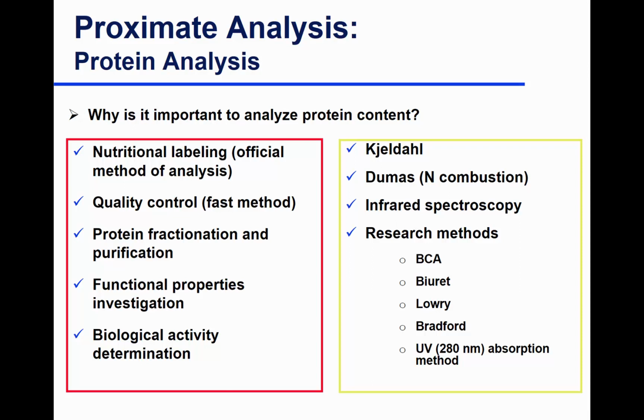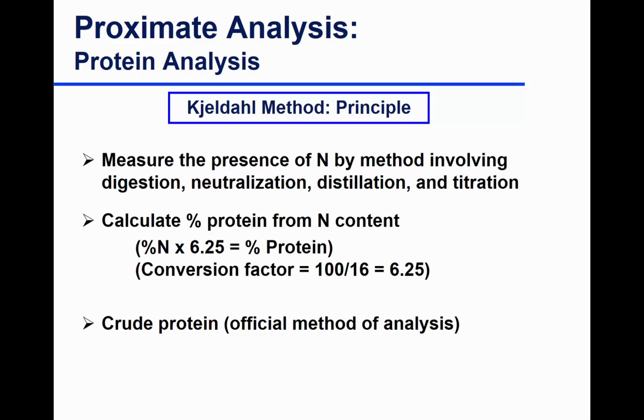So there are primary methods of analysis, there are official methods of analysis, and both can be used to calibrate, either one of them can be used to calibrate IR and mid-IR instrumentation for online and quality assurance quick measurements. Both are based on determination of nitrogen content, which can then be converted to protein content, and which brings me to here.